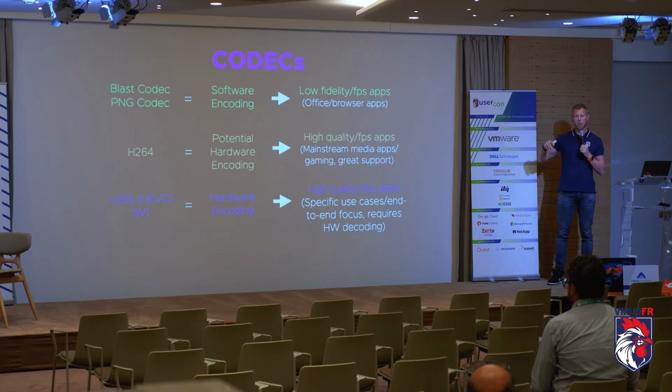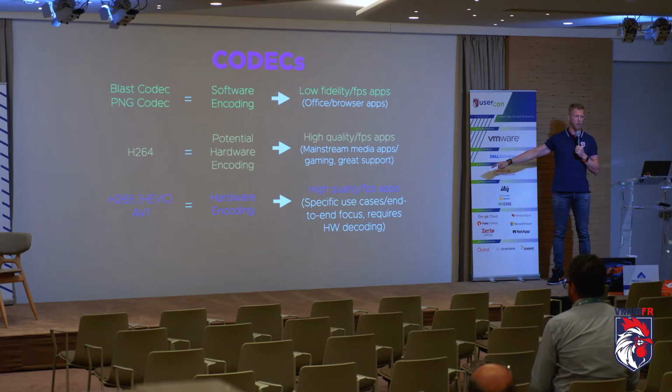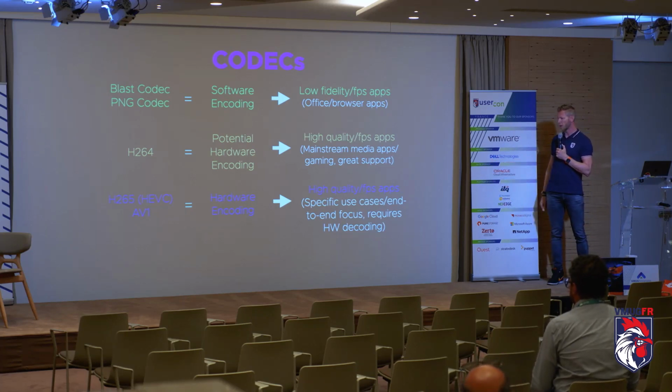And if you need not just that, but also increased, well, let's say an uncompressed view of what's happening in the virtual desktop, then H.265 and HEVC might be a great option, but they do require hardware to decode the frames as well. That's really important, especially AV1, which is only supported in specific types of workloads.